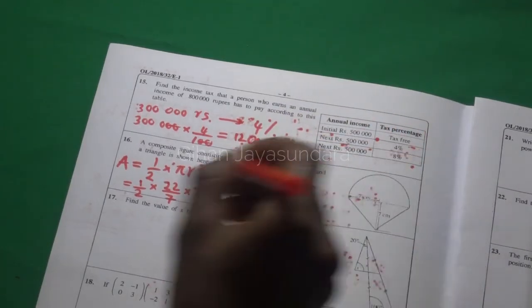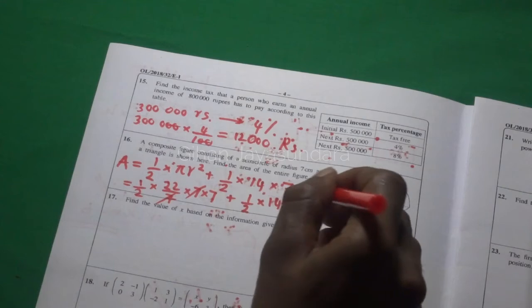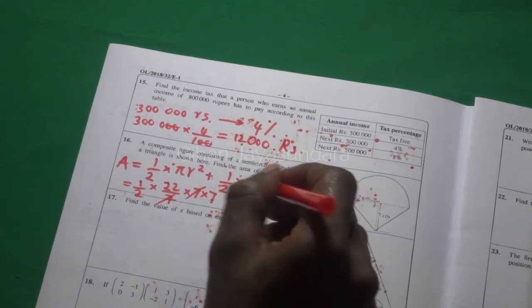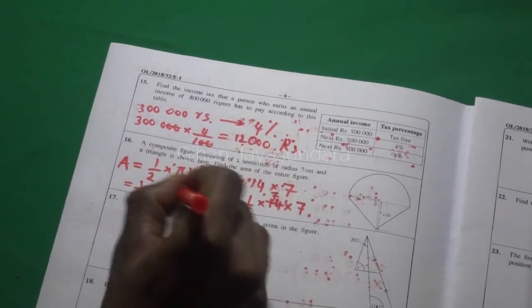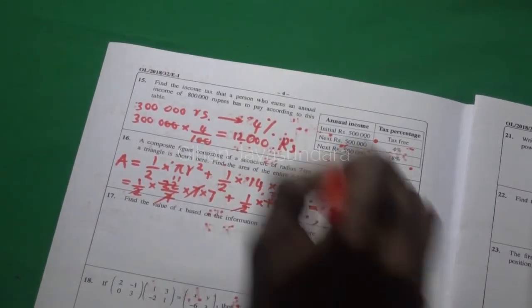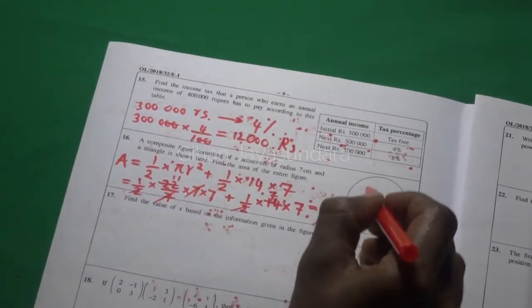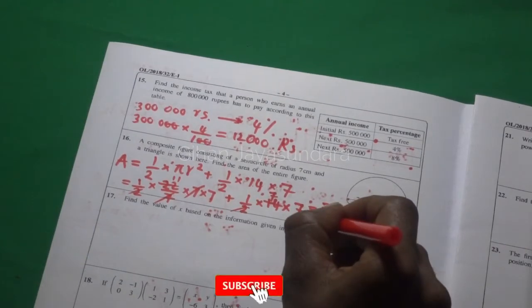right? So this 7 is cancelled off. Okay, half is common, right? 2 times 7, 2 times 11. Okay, the final answer is going to be 11 into 7, that is 77, plus 7 into 7, that is 49.